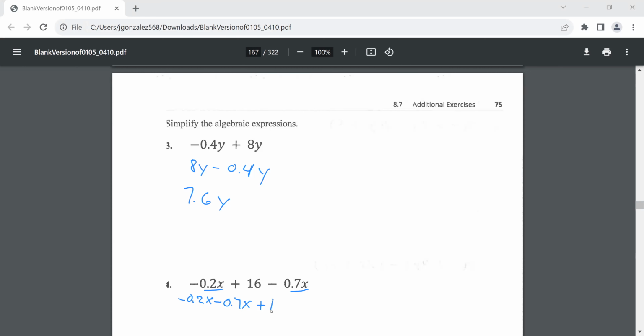And the 16 is just going to show there, it's by itself. There's no other term that's like it, so you can't combine it. So the answer will simply be 9, we said, right?